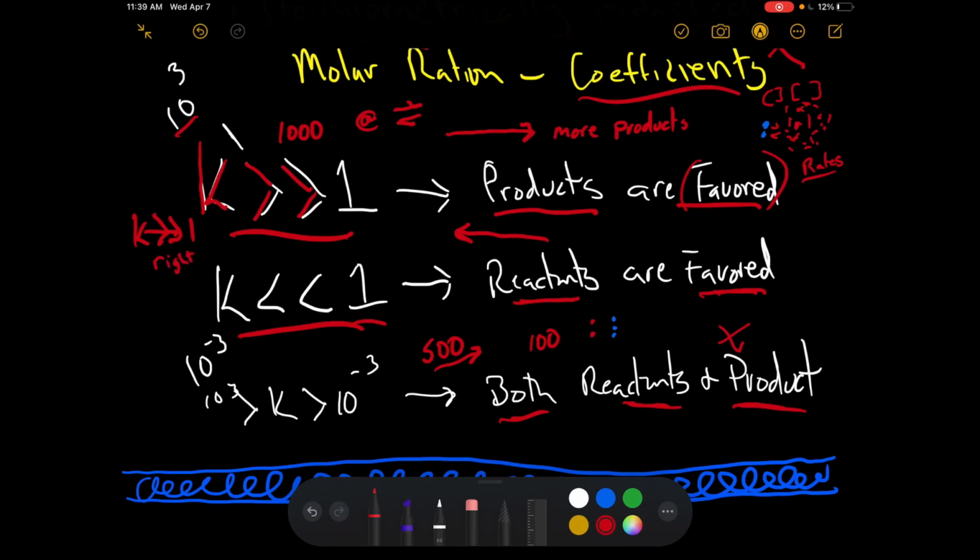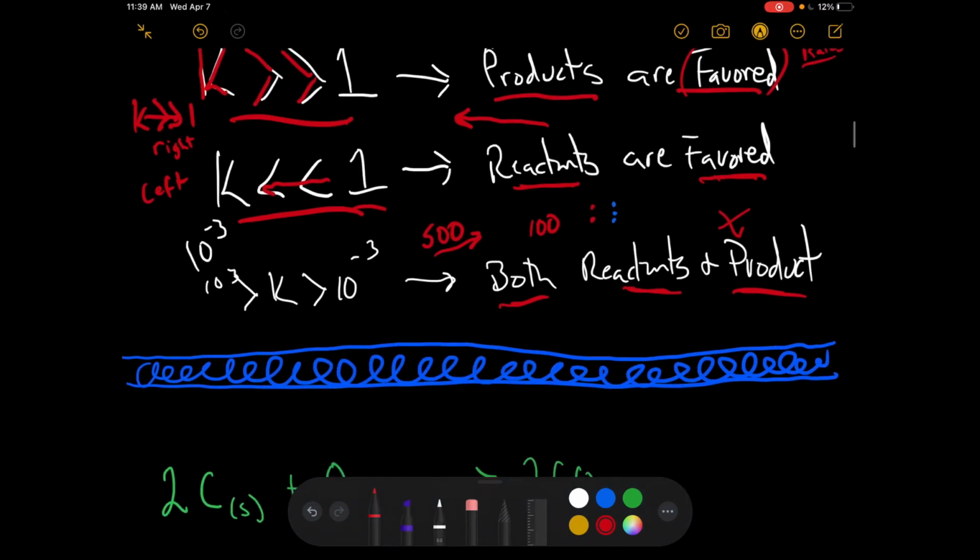It's lying towards the right, not lying as in telling a fib. And then when K is less than 1, this is reactant favored, and the reaction is lying to the left.